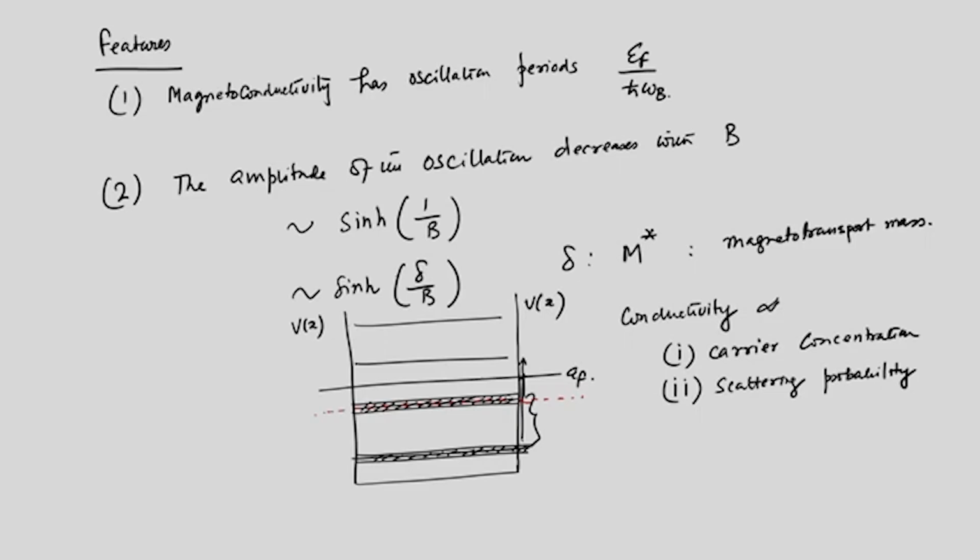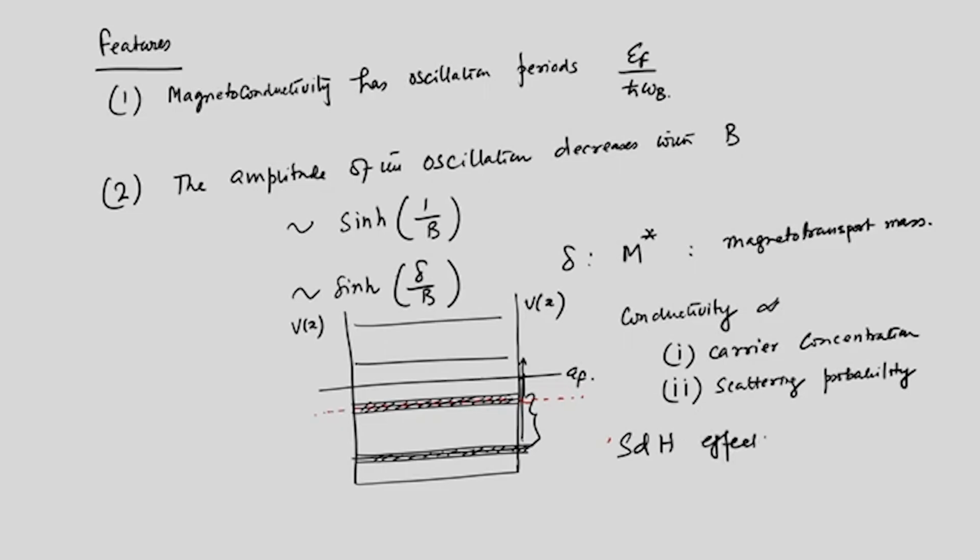Basically, the periodic fashion in which the Landau levels cross the Fermi level gives rise to the fluctuation in the conductivity, and this is called the Shubnikov de Haas effect, SDH in short. Okay.